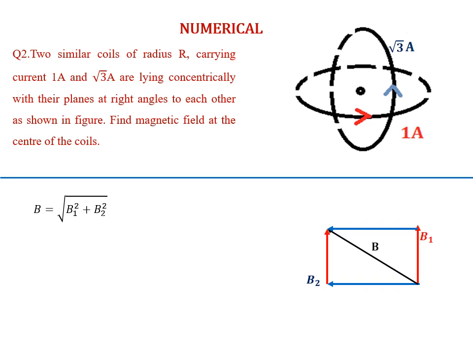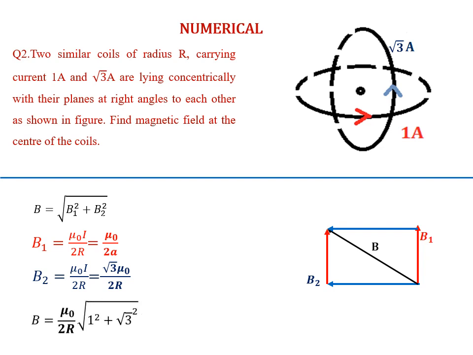We will now write the values of b1 and b2. b1 is equal to mu naught I upon 2r. Current is 1 ampere, hence it will be mu naught upon 2r. Similarly, b2 will be equal to root 3 mu naught upon 2r because the current is root 3 ampere. The resultant will be given by B is equal to mu naught upon 2r square root of 1 square plus root 3 the whole square.